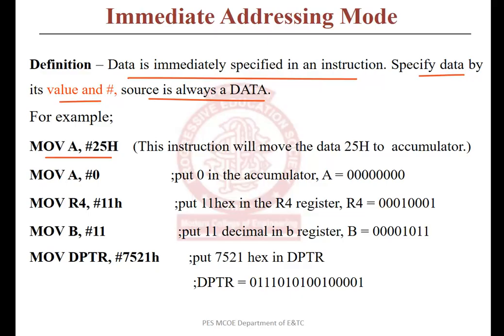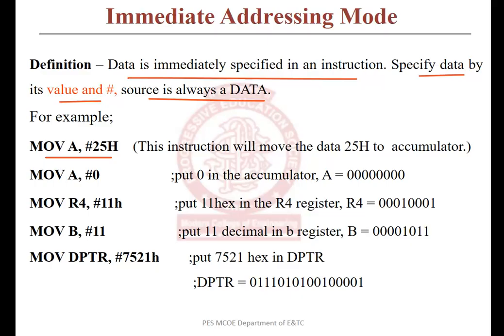First instruction is MOV A, #25h. So this is the instruction. Now MOV is a mnemonic, and A and #25h are the operands. So how are you specifying this 25h? By putting the hash sign, it indicates it is an immediate addressing mode instruction, right?